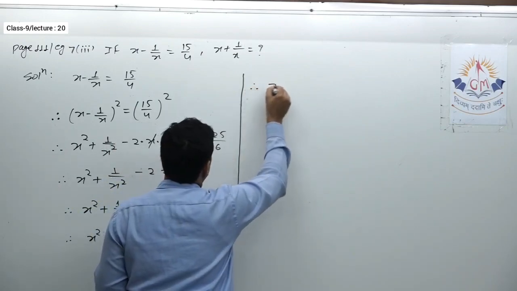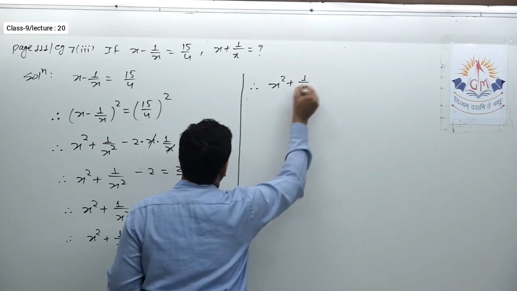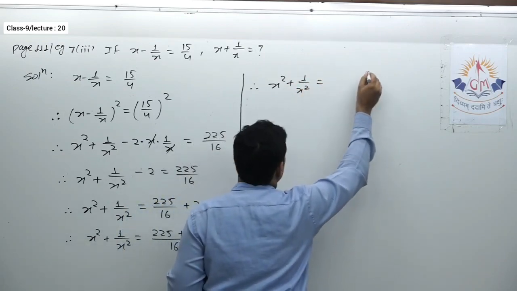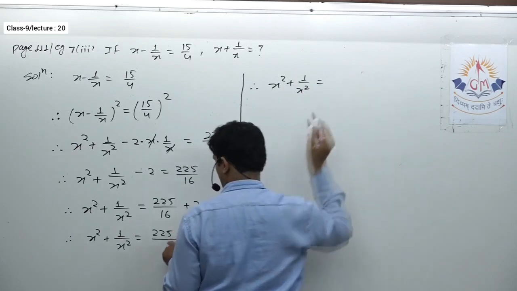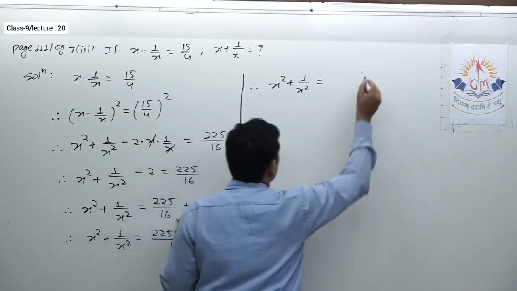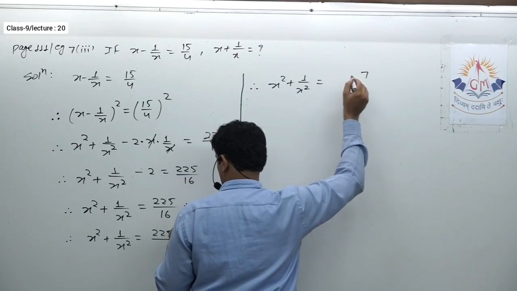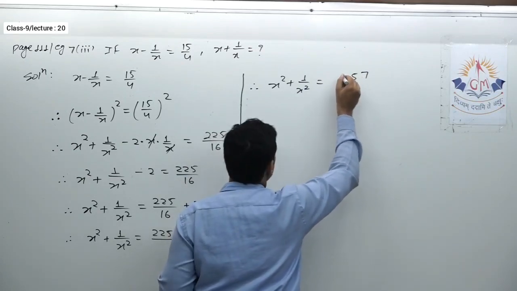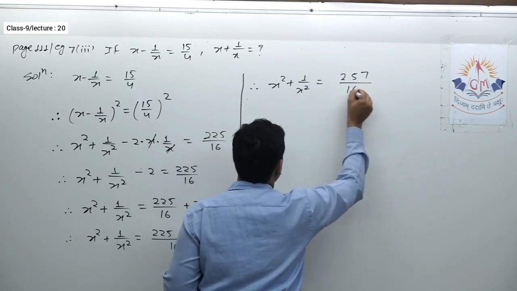So x square plus 1 upon x square is equal to 225 plus 32, 257 upon 16.